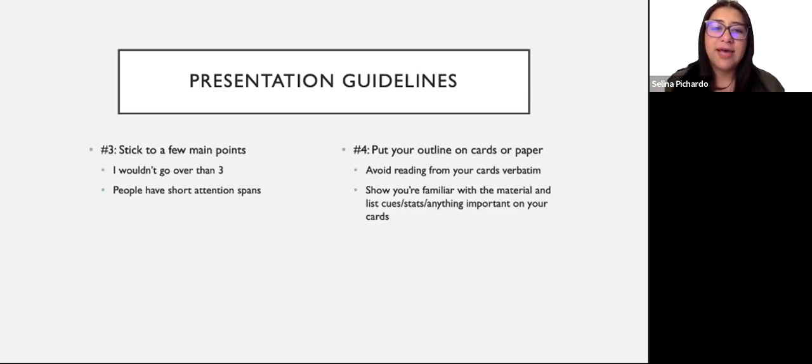This is important because you can't really memorize your entire speech. Sometimes that's just too much, but you want to be familiar with it. So put your outline. Don't print out your entire speech. Practice it and be familiar with the material. Your cards can list anything that's going to be important for your presentation, stats, cues, whatever the case may be.